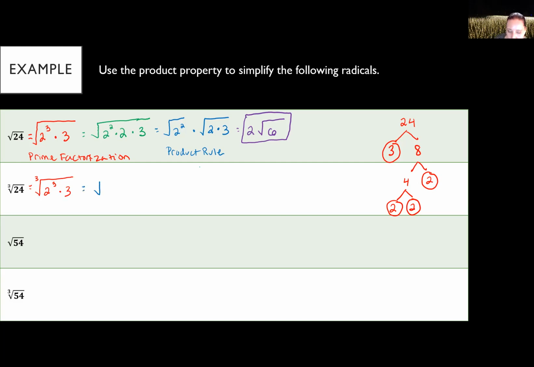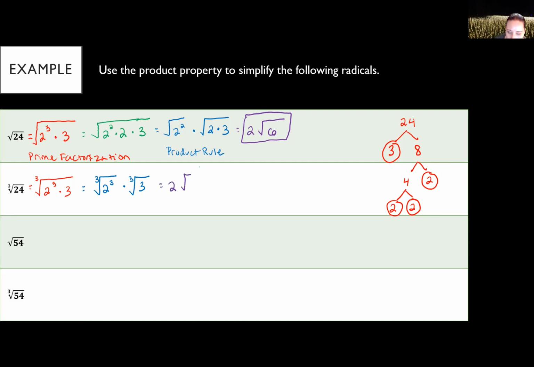So I'm going to use that product rule so that we have 2 cubed inside the cubed root, and then the 3 is going to be separate. Because that index is different, I'm splitting it up differently. So now the cubed root and the 2 cubed cancel, so I'm left with just the 2, just what's underneath there.